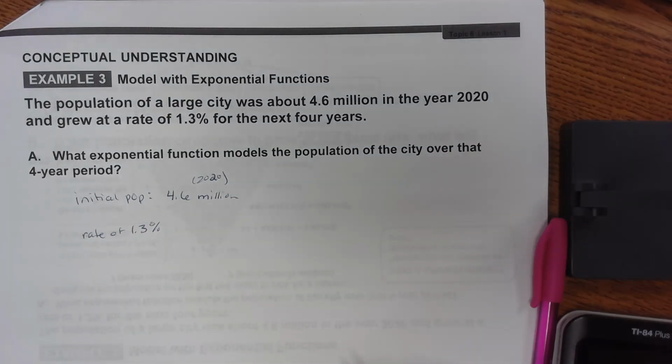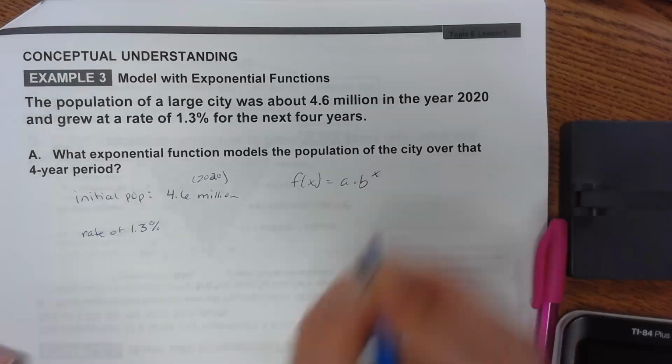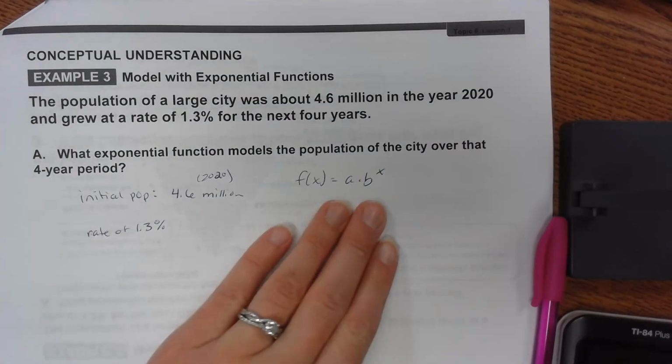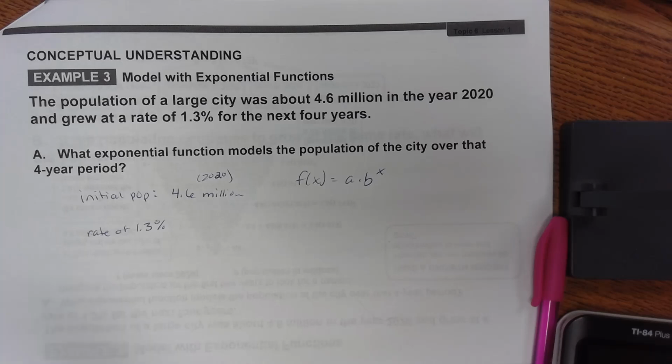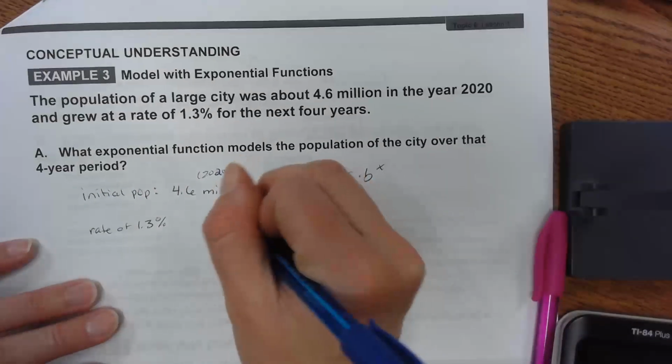Okay, now let's think about this. If I look at my original equation, here's my exponential equation. We're going to learn in a second that A is actually the initial. What did we start with? So that is going to be my 4.6.